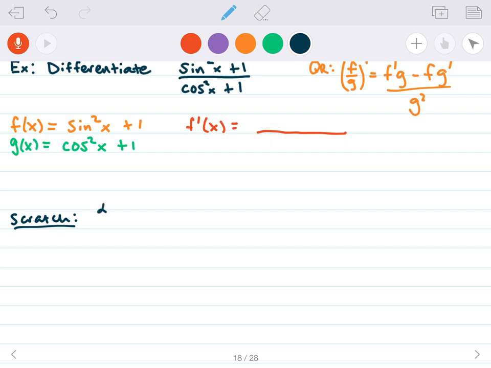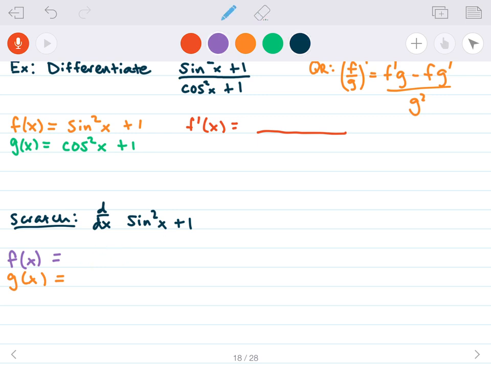So we want to find the derivative of sine squared x plus 1, and remember that we need to find our outside and our inside function. Our outside function is going to be x squared plus 1.